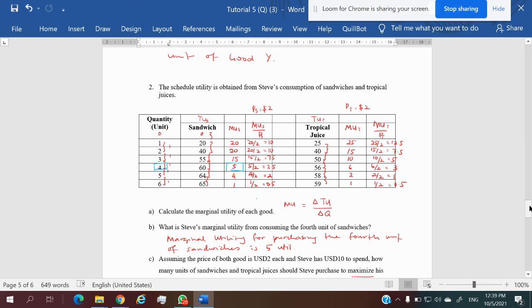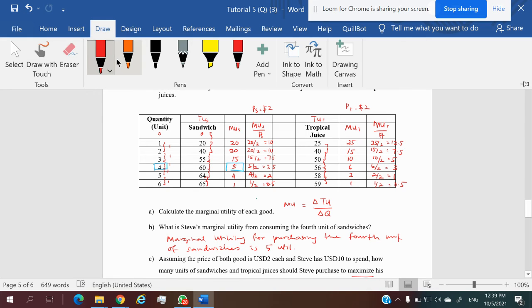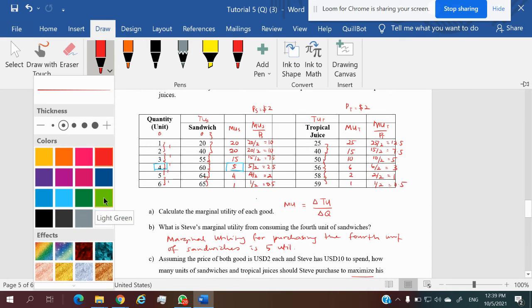Okay, class. What should we do now? We have to look at these two sets of data and find the point where they have the equal value. Let's say I use the green one. Here you have 10, 7.5. Here also 7.5. We don't have 10 on the other side.